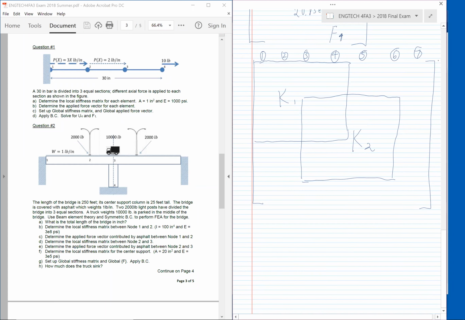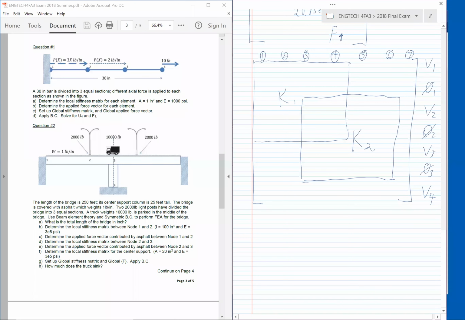So right here, the displacement: V1 by 1, V2 by 2, V3 by 3, V4.